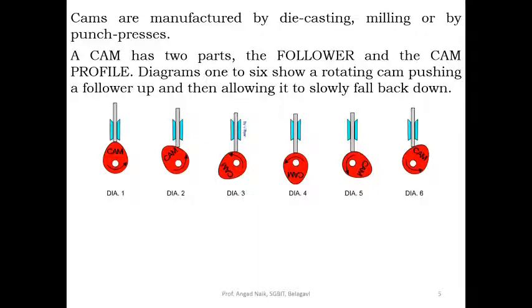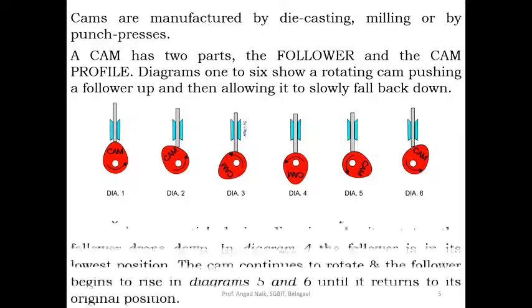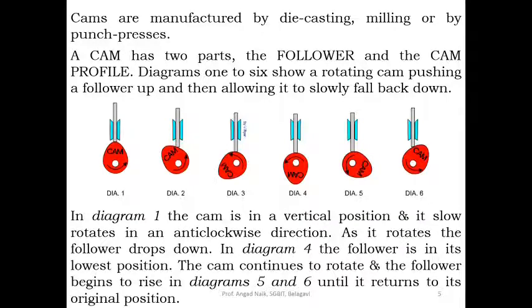Now we'll analyze one by one. In diagram 1, the cam is in vertical position, and it slowly rotates in an anti-clockwise direction. So this has started rotating in anti-clockwise direction.